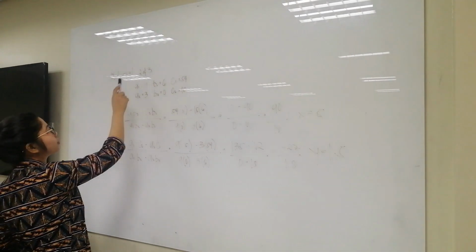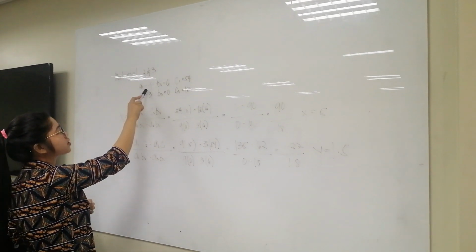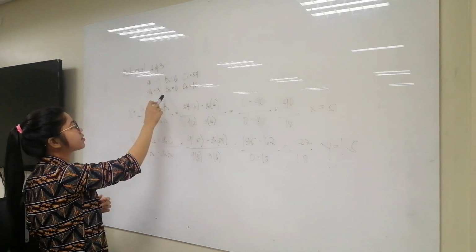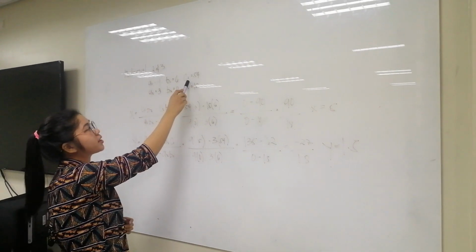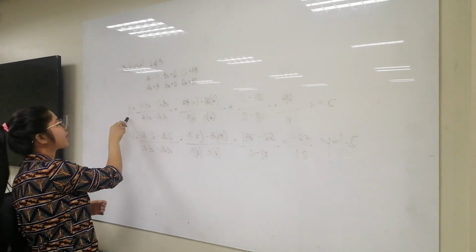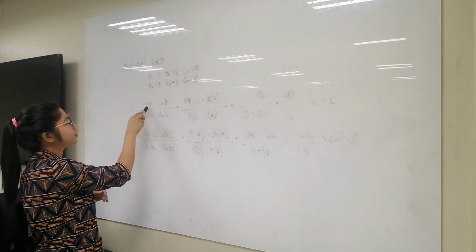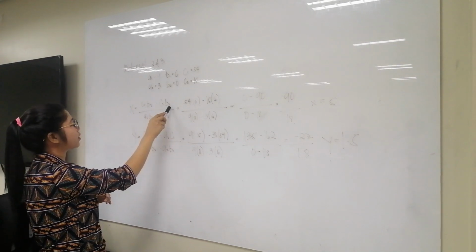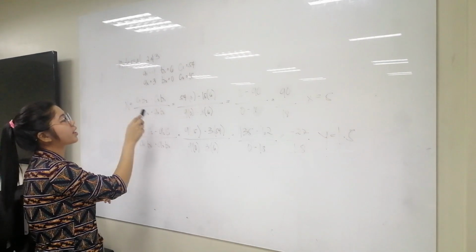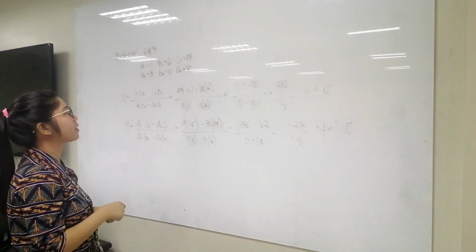For materials 2 and 3, A1 is equal to 9, A2 is 3, B1 is 6, B2 is 0, C1 is 54, C2 is 15. For the x, C1 times B2 minus C2 times B1 over A1 times B2 minus A2 times B1.